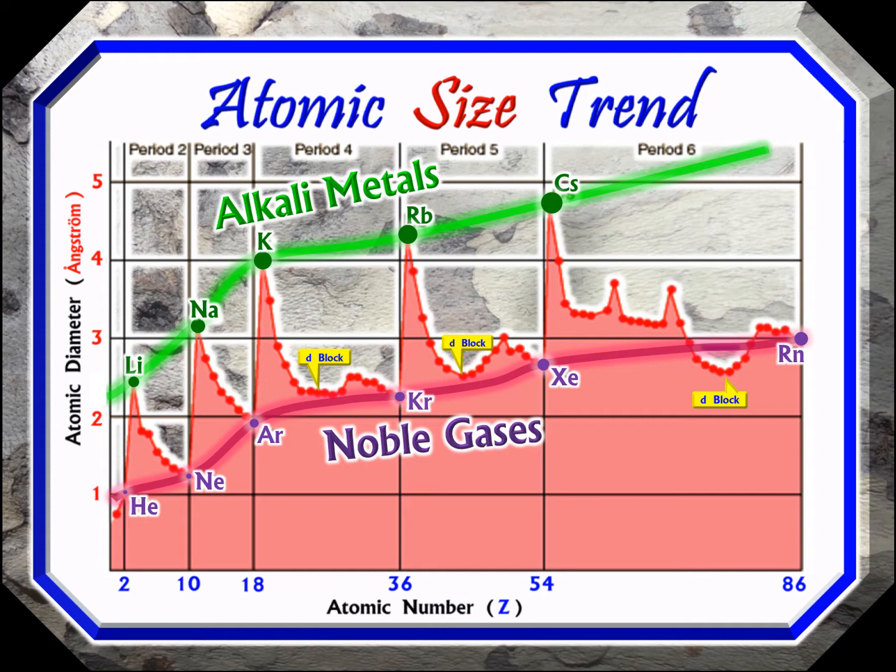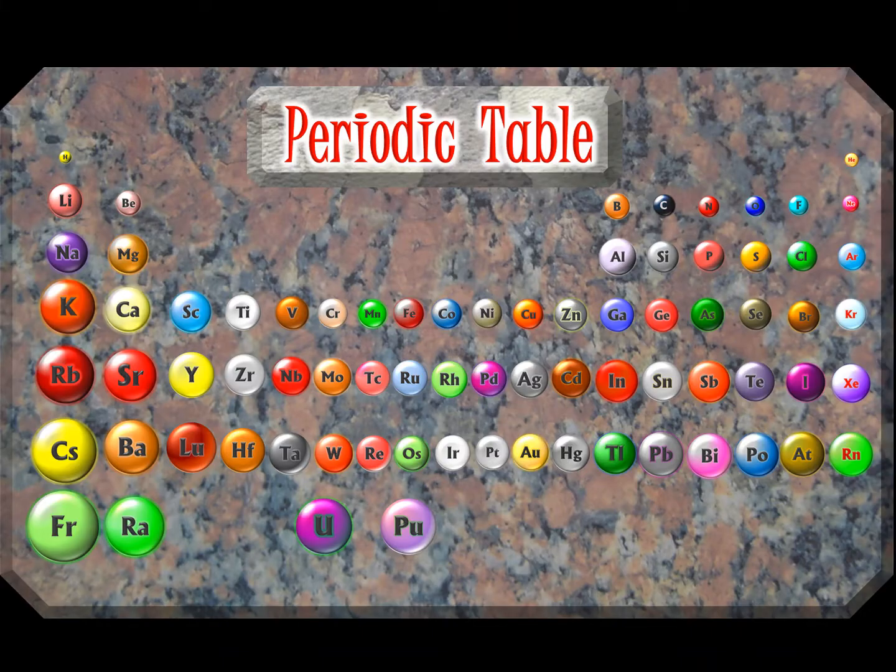Because essentially, if you have a big atom, like the ones on the left and at the bottom, well, you're not going to have very much control of your valence electrons because they are going to be far flung from the nucleus, far out away from the nuclear attraction that's supposed to keep them in place.